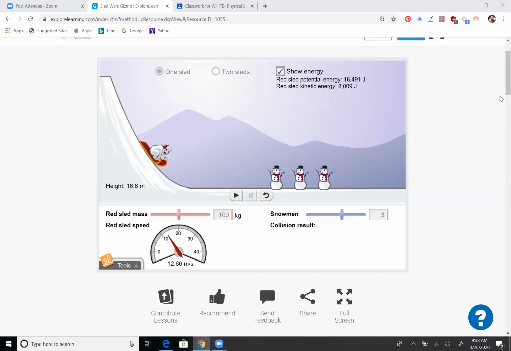For potential energy, it's 24,500 joules. Kinetic energy is 0. Total energy is 24,500 joules.